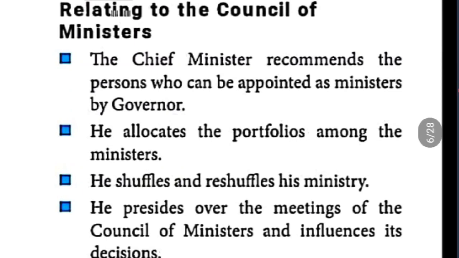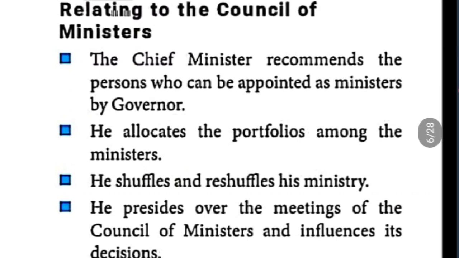The first point: the chief minister can recommend to the governor the person for a particular minister post. This person has a special character, is a good person, and can work for the welfare of the people.